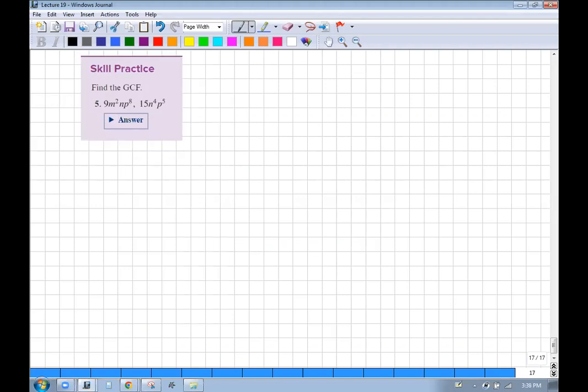So if I had 9m squared n p to the 8th plus 15 n to the 4th p to the 5th, what can I factor out? The biggest number I can pull out of both of these is a 3, right? And I need a 3 times 3 to get a 9, and a 3 times 5 to give me the 15, right?